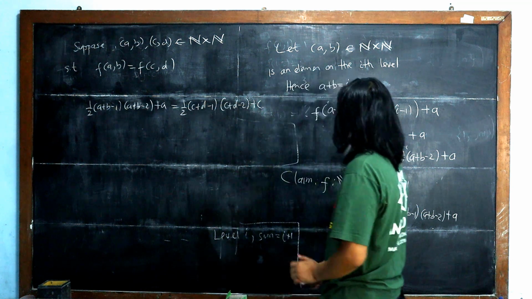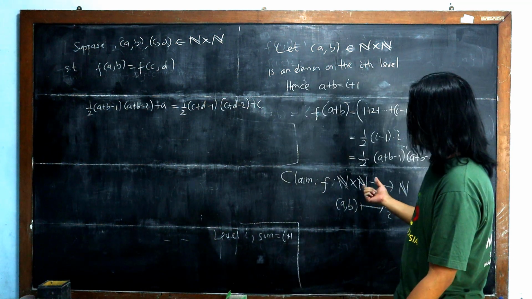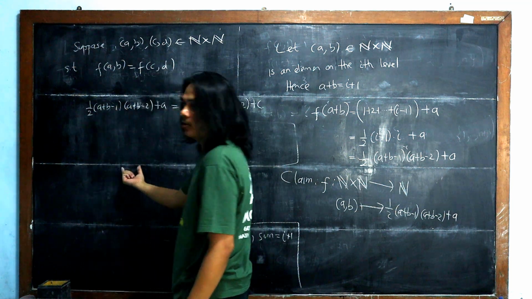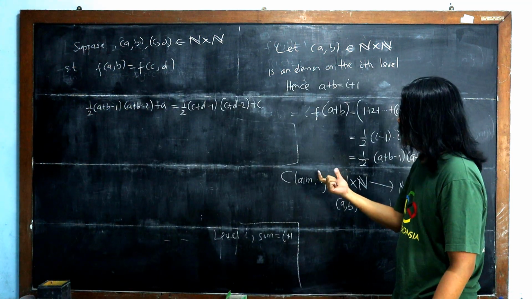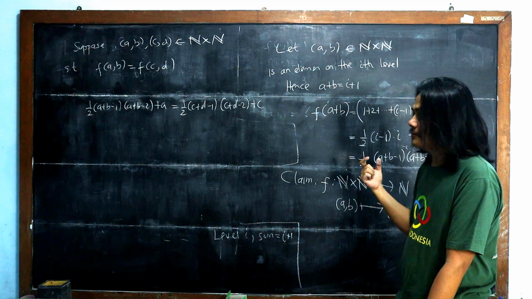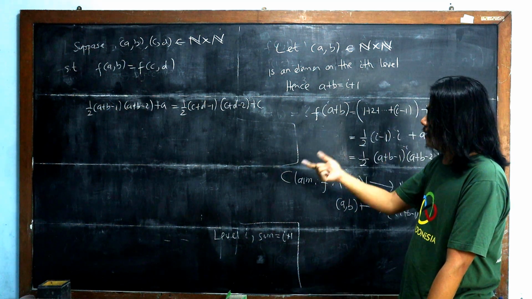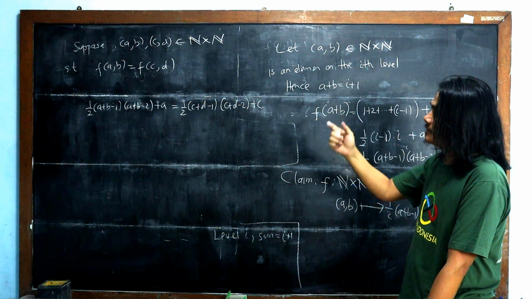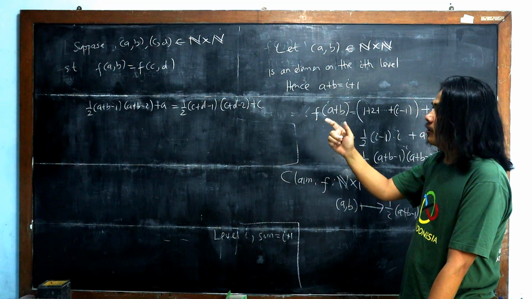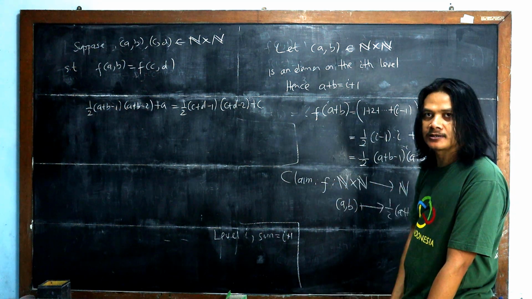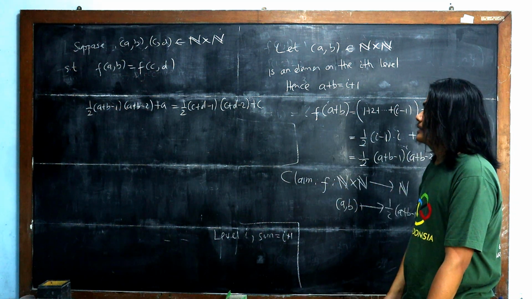Okay. Remember that this map is exactly telling us the element (a, b) is on which level, and the member is the ath member of all elements in the same level as (a, b), right?